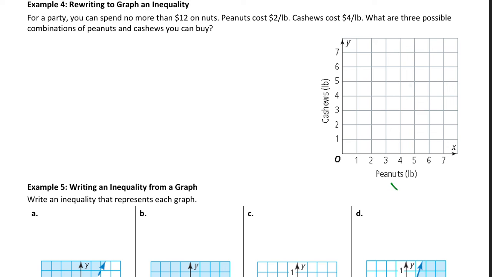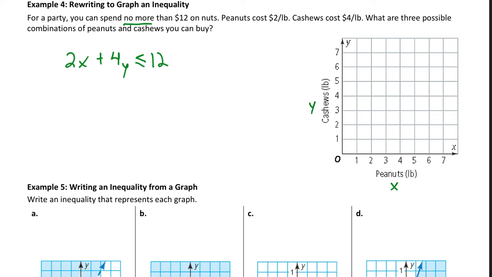X is going to be peanuts. Y is going to be cashews. So the inequality that represents my cost is, $2 a pound for peanuts, times the number of pounds of peanuts, plus $4 a pound for cashews, times y pounds of cashews. And if I can spend no more than $12, it's going to be less than or equal to 12.